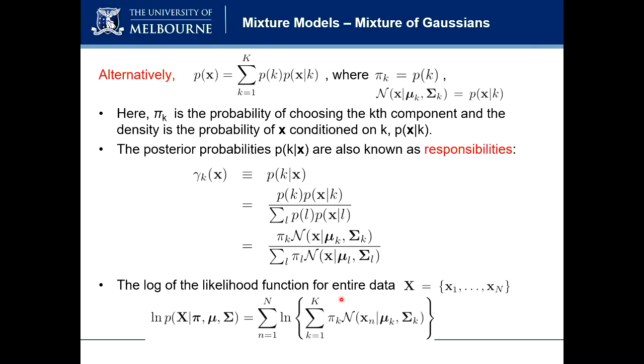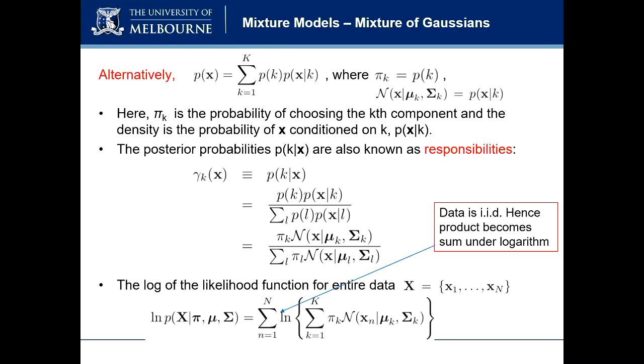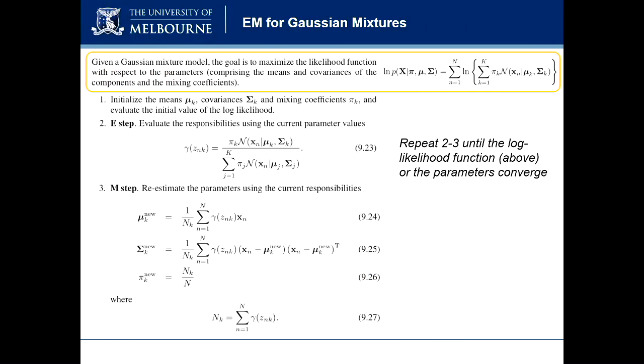So this is the mixture model, and then the log likelihood of that mixture model, x given this. So we are doing a maximum likelihood estimation of the parameters. Here I mentioned the data is IID, therefore the product becomes a sum under the logarithm. That wasn't obvious at first, but when you write it down it becomes a bit more obvious.